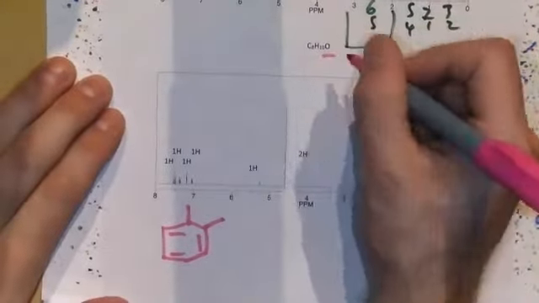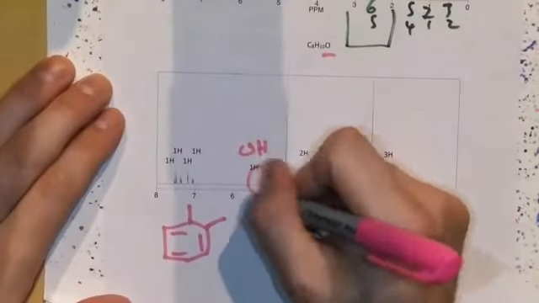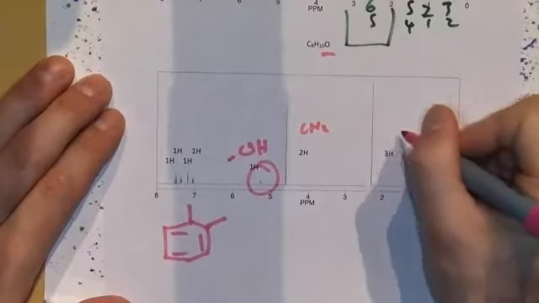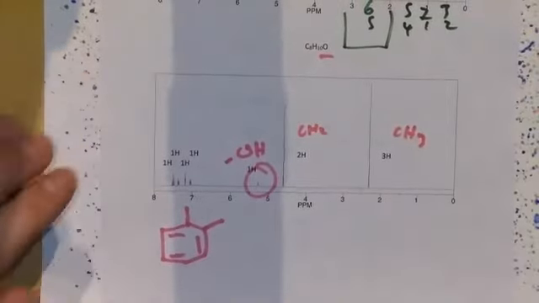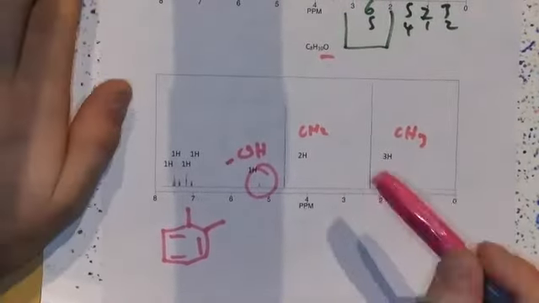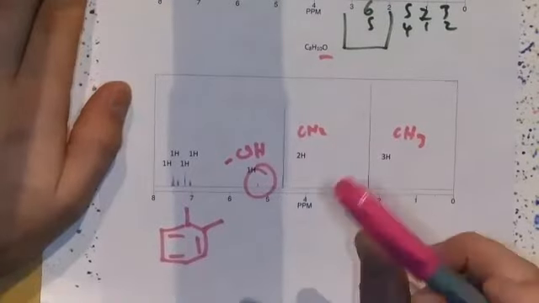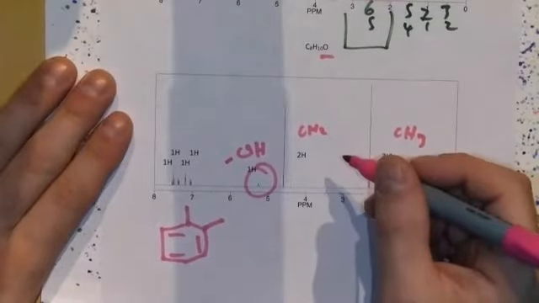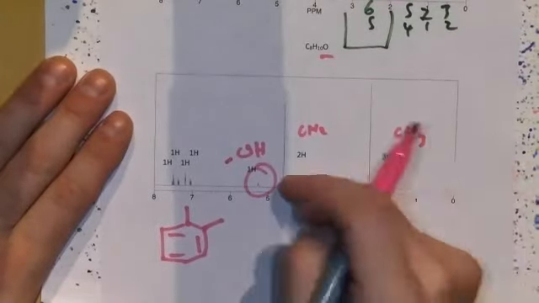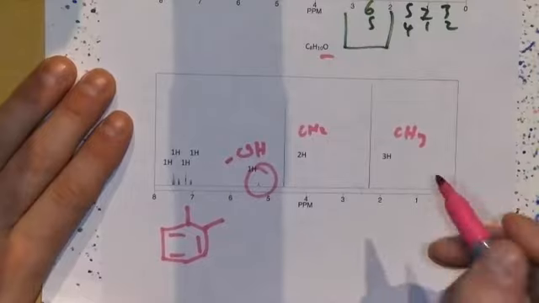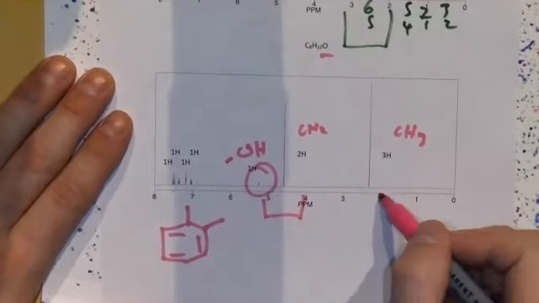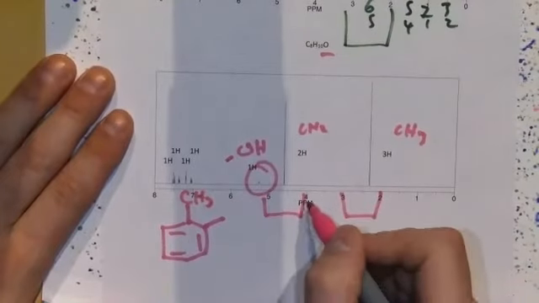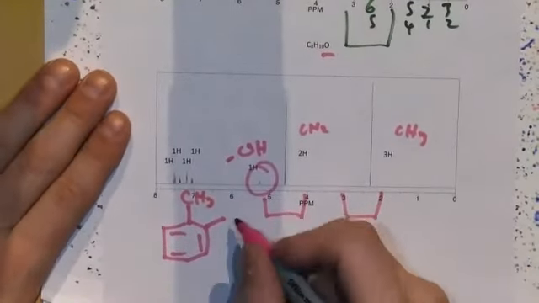We've got oxygen, what looks like an OH, a CH2, and a CH3 here. So our CH2, they're both singlets. This one's between 4 and 5. This one's between 2 and 3. So 2 and 3 is on our ring. 4 and 5 is probably on our ring and the OH.